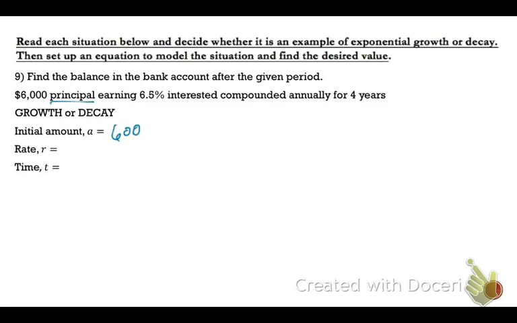So you can always know that principal is your A value. 6.5% interest compounded annually. We're going to move that decimal 2 places, so we'll get 0.065, and then 4 years.